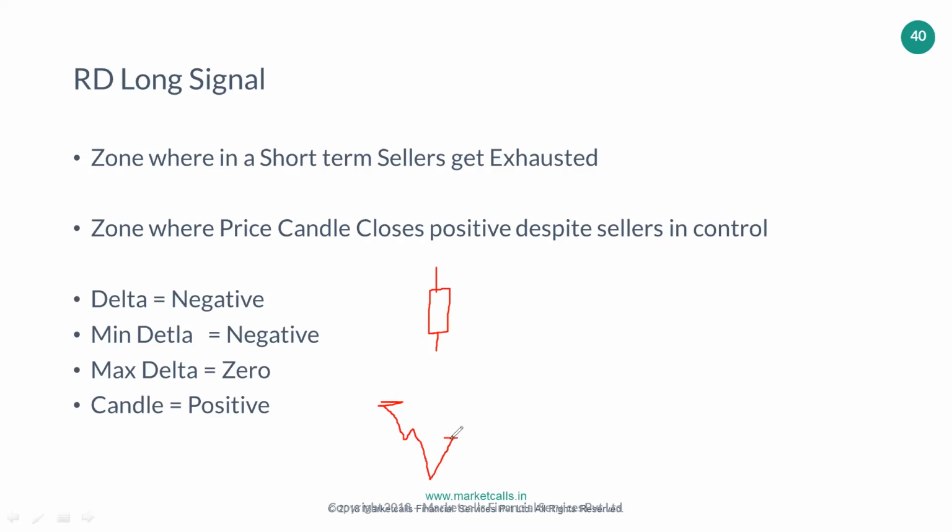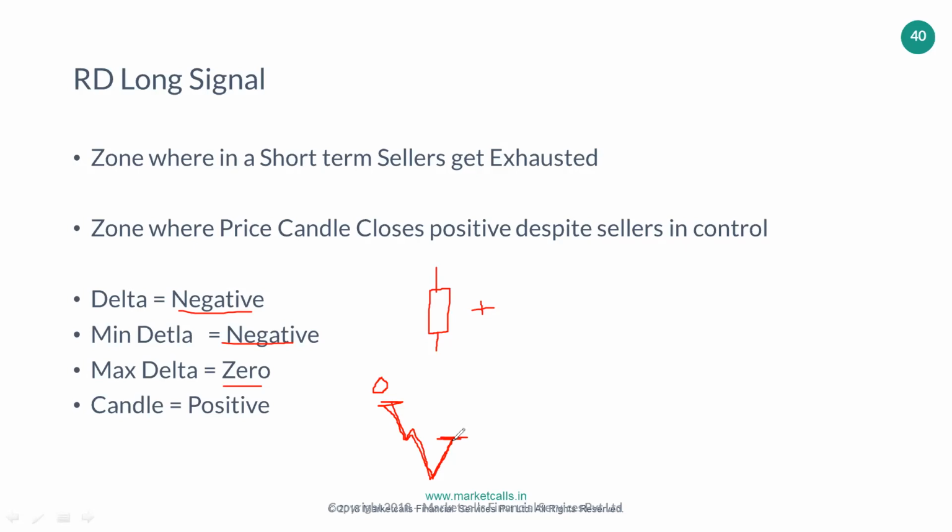That recovery makes the price close positive, so you get a positive candle. But the overall delta was negative. Max delta was 0, meaning right from the start the delta was 0, and minimum delta is negative. So delta went down for quite some time, and later there was a recovery, but it was not able to recover above 0 at any time.